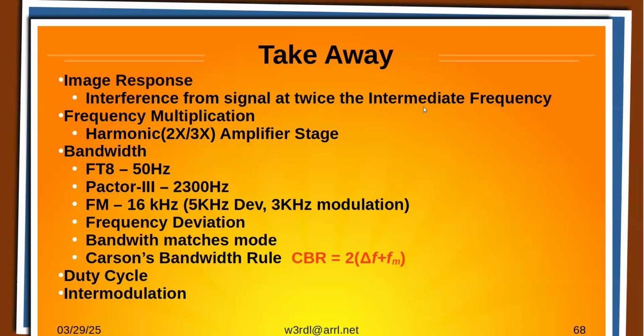You have to filter it before the mixer. As I recall, the 7300, for instance, has bandpass filters ahead of the mixer. They get switched in, but they're kind of broad. And Yaesu uses their roofing filter, same kind of deal, just a fancy different name.